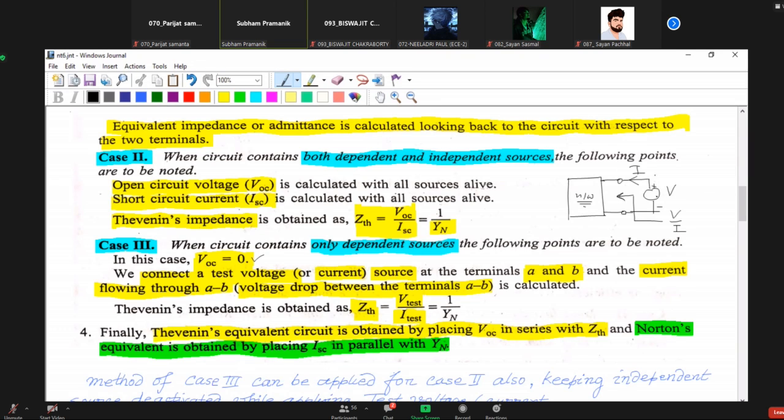We connect a voltage source deliberately. Suppose this is V test. Then we find what is the current driven by that source into the network. Then from the ratio of V test and I test, we find the impedance. That's the method.